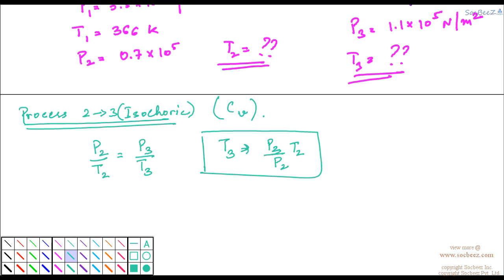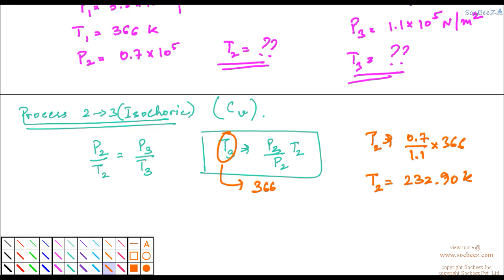Or we can do the reverse method also, because we know that T3, the temperature, is restored to the original value, that was 366 Kelvin, which gives us the value for T2 as P2 divided by P3, that is 0.7 upon 1.1 into 366, which gives us the value for the second position as 232.90 Kelvin.